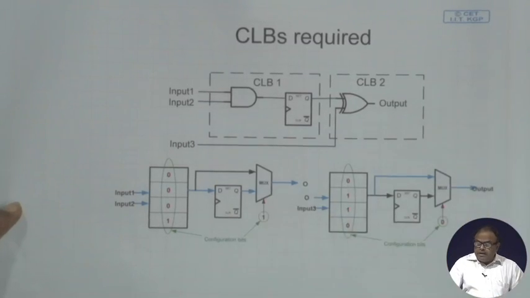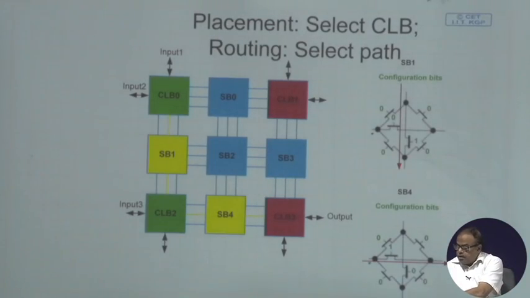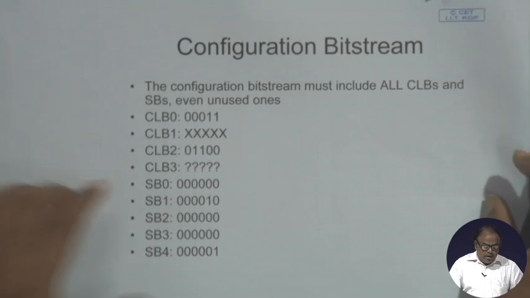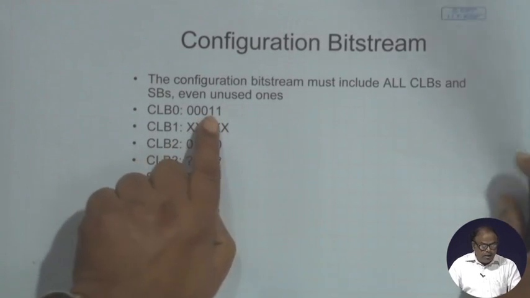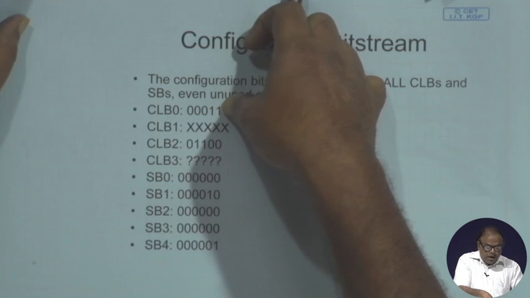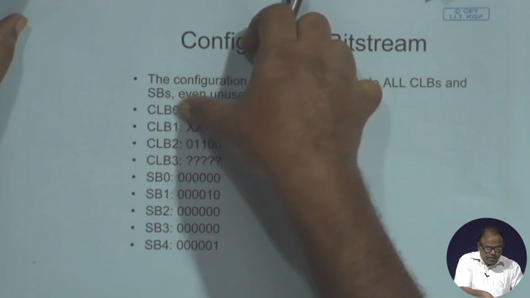That is also known as the configuration bits that I have to program for CLB 0. 0, 0, 0, 1 was coming from the lookup table and 1 for the multiplexer. That is CLB 0.